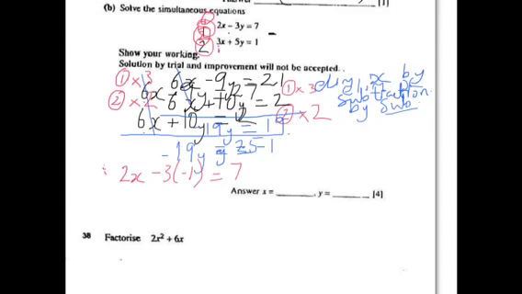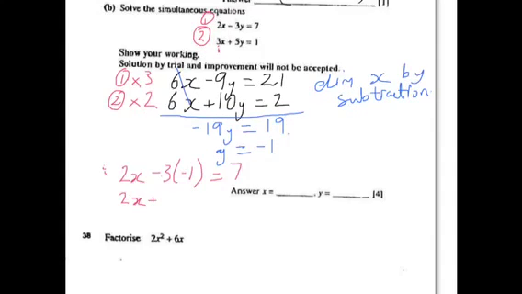So 2x minus 3 and minus 1, so that's going to give me a plus 3 equals 7. So 2x is going to equal 7 take away 3 is 4. So then x, I'll write it, x is going to be 2. Okay, so slightly longer question, more difficult one, but eventually we got our answer. So x is 2 and y is negative 1.